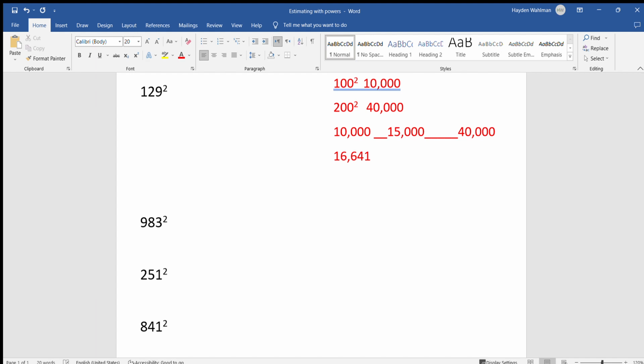So here's the lower boundary, 900 squared, and the upper boundary is 1,000 squared, okay? So we could do these in our heads. That's why we're rounding them, so that we can do it in our heads. Well, this is 81 with 4 zeros. And this one is going to be just 1 with 6 zeros.